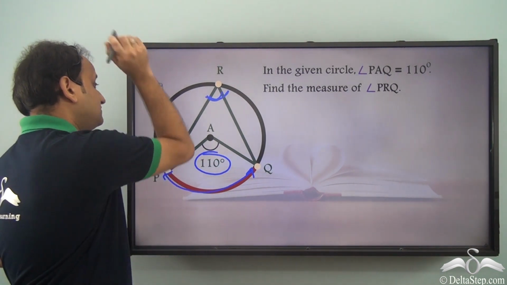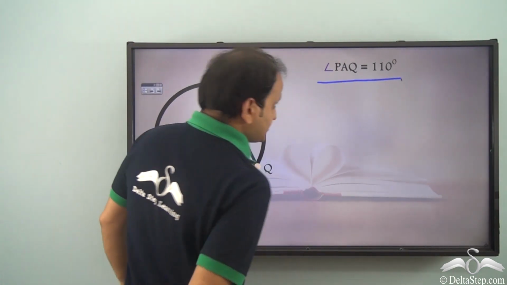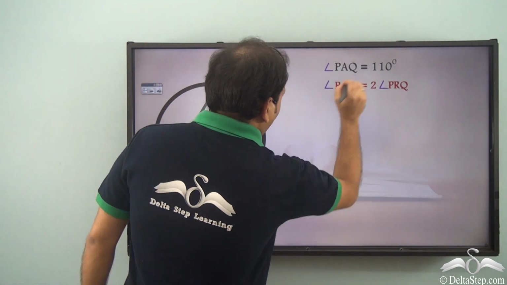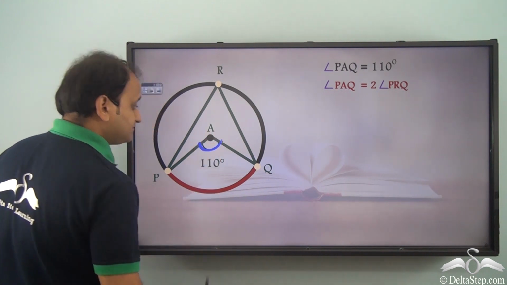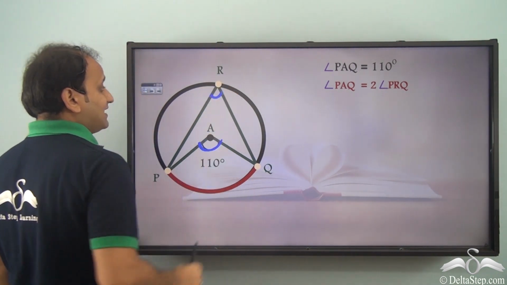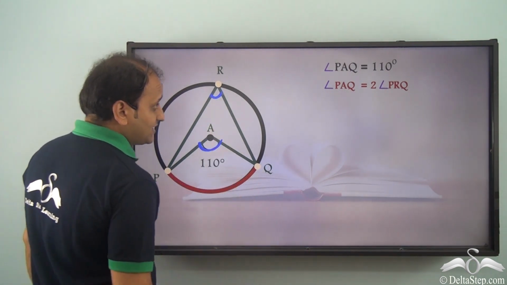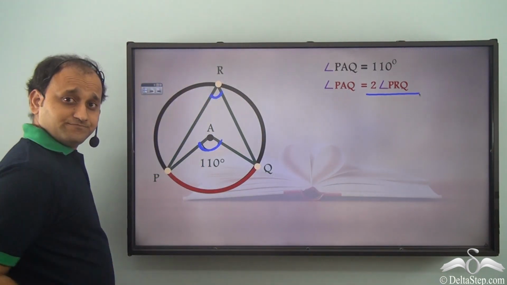Well, we have this particular value which is given. Now we know that the angle subtended at the center is double the angle subtended at any other part of the circle. So here angle PAQ will be double of angle PRQ.